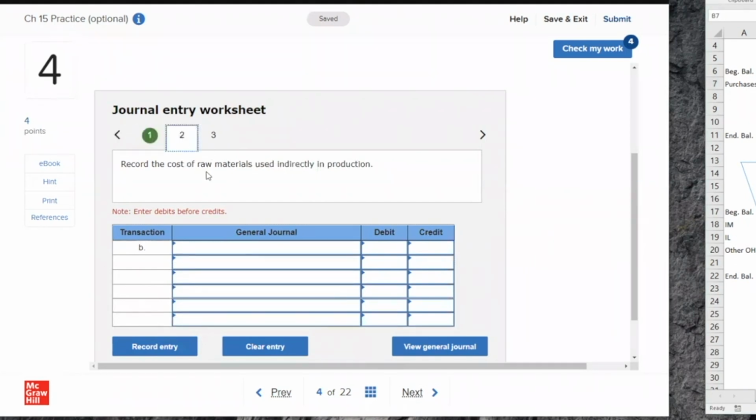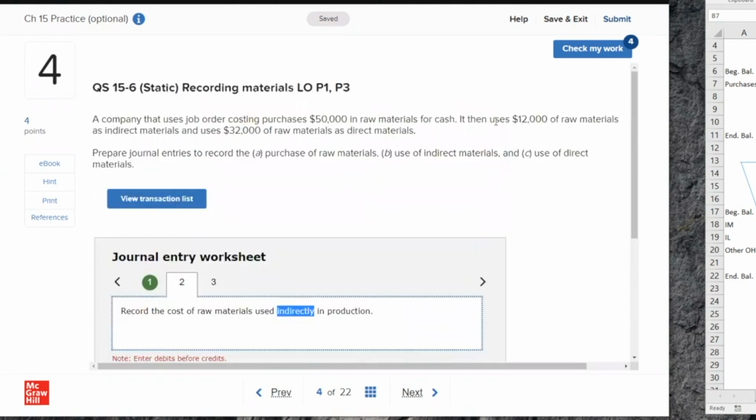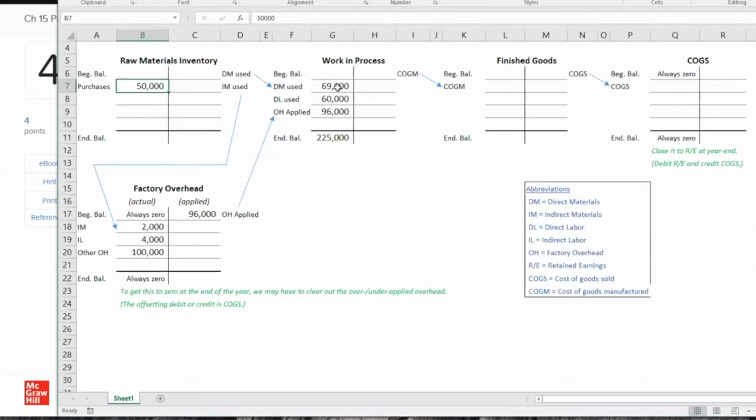To record the cost of the raw materials used indirectly in production. It says we use 12,000 of raw materials as indirect materials and 32,000 of it is direct. So what about the indirect materials of 12,000? What are we going to debit? What are we going to credit?